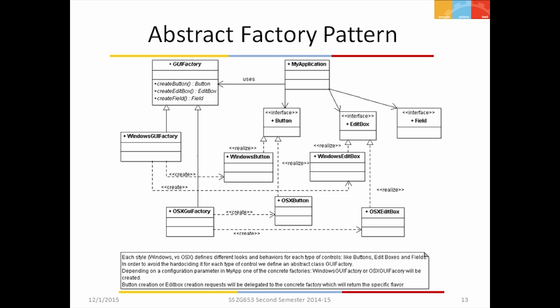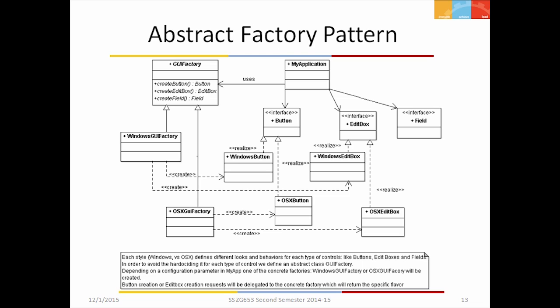In order to make the whole system generic and extensible without any hard coding, this abstract class GUI Factory is created, and then there are different types of GUI Factory.